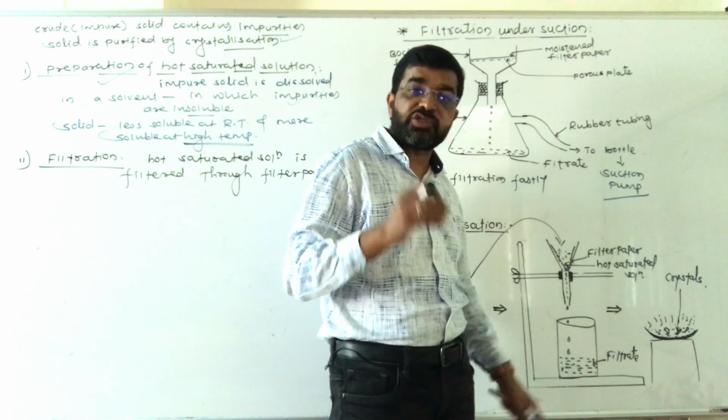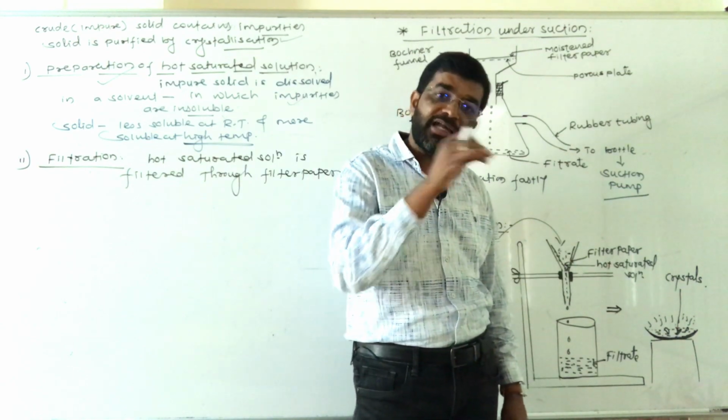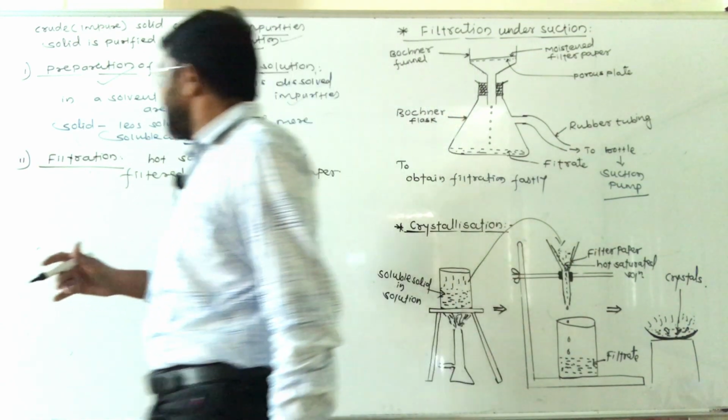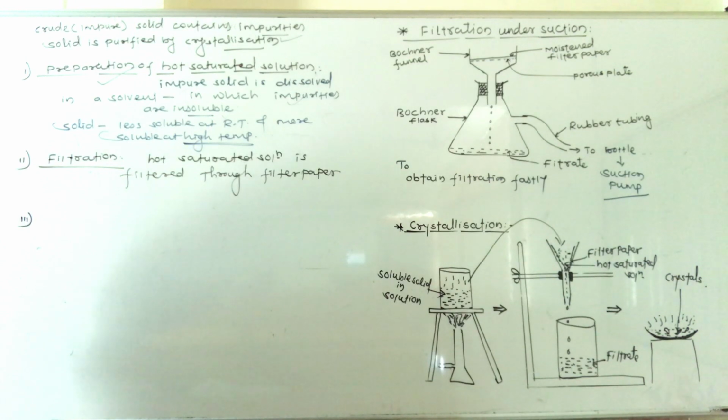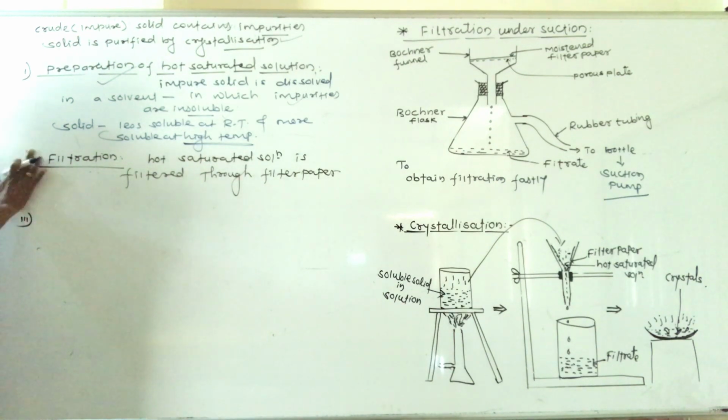In this way, this is the second step in crystallization, that is filtration. Now the next step in crystallization is the cooling of that liquid, the cooling of the filtrate. This is the hot filtration.